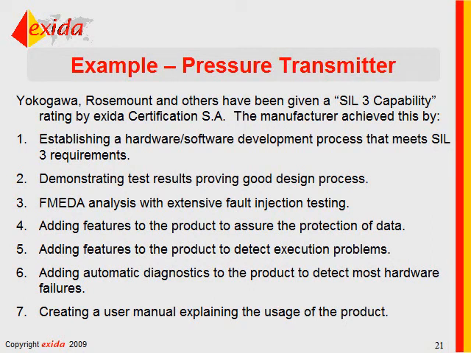They had to demonstrate and show documented test results, proving that they were following a good design process. They did an FMEDA analysis with extensive fault injection testing. They added features to the product to ensure protection of data.